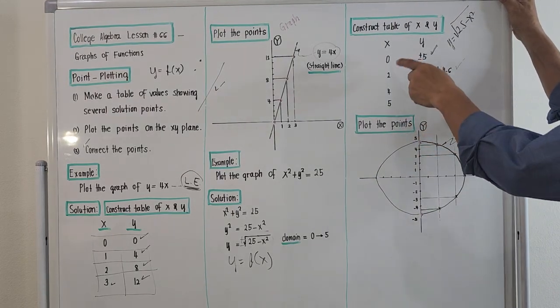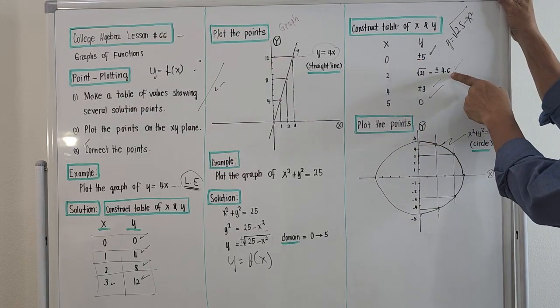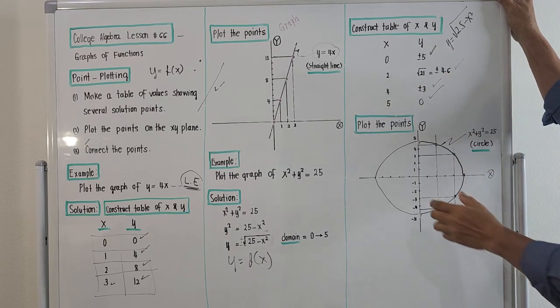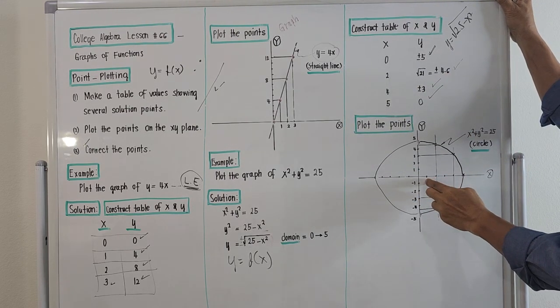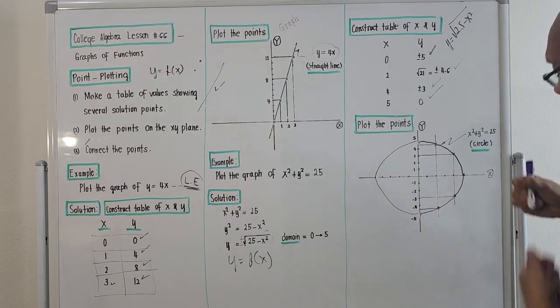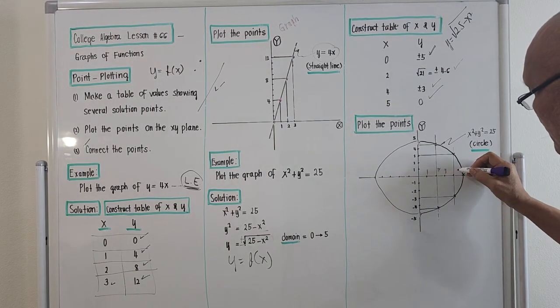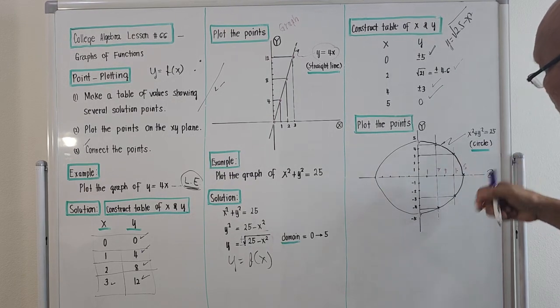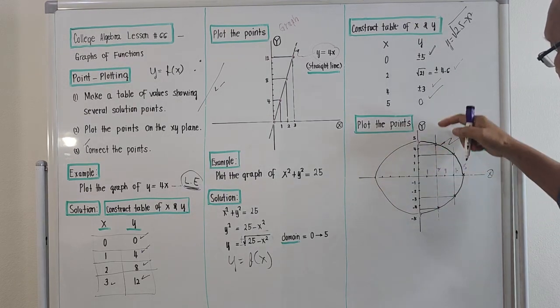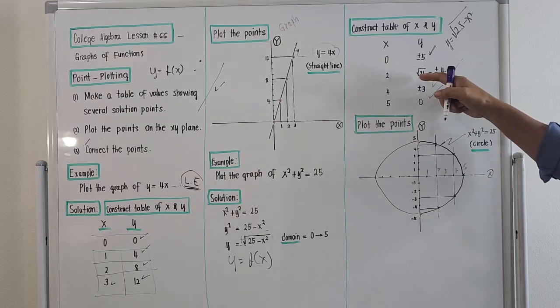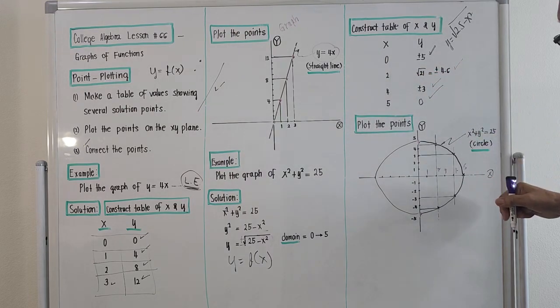Next point. When x is 2, y is plus or minus 4.6. When x is 2, this is 1 unit, 2 units, right? This is 1, 2, 3, 4, then this is 5. When x is 2 units, the computed value of y is plus or minus 4.6.